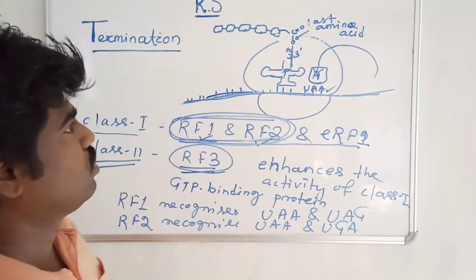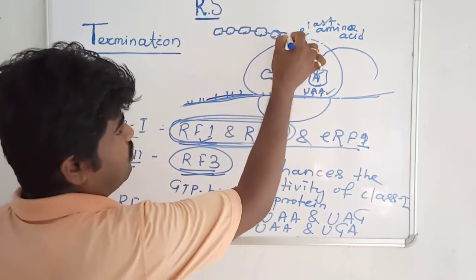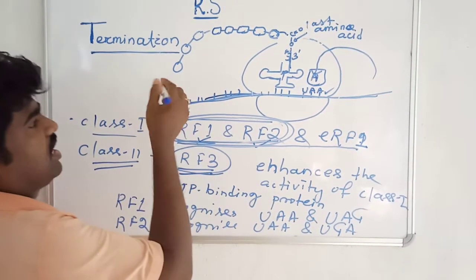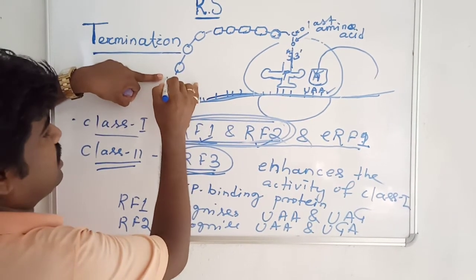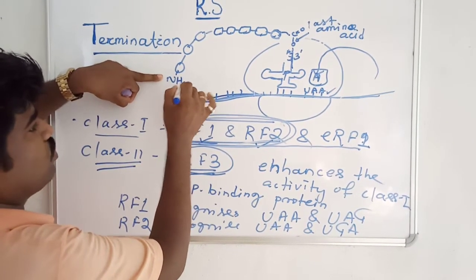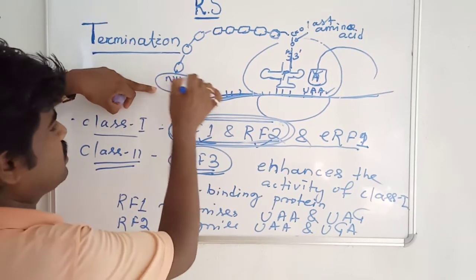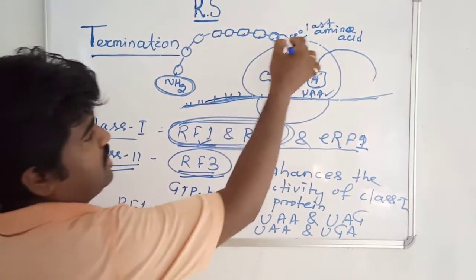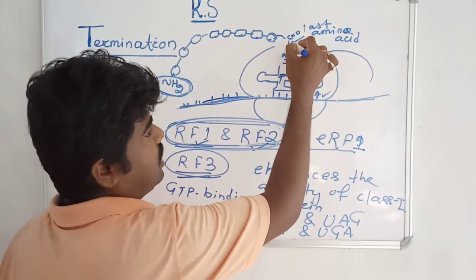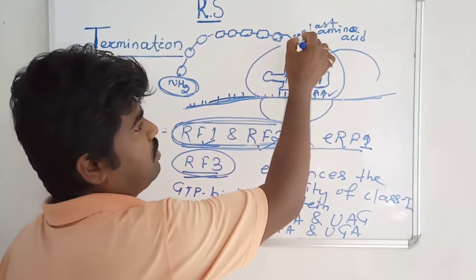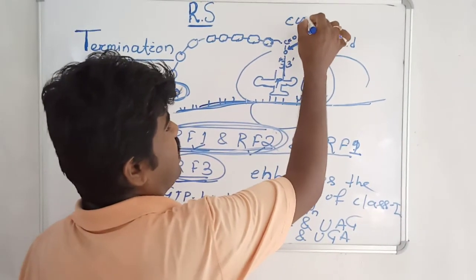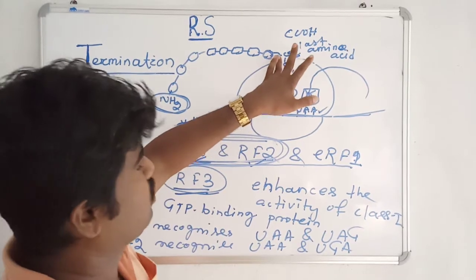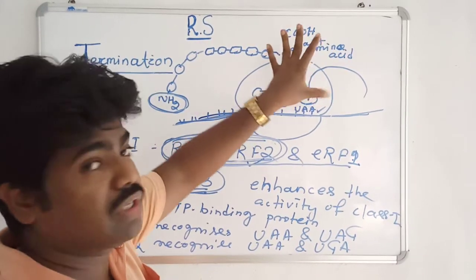So if this is the polypeptide chain, this is the last amino acid, and this last amino acid has an N-terminus, N meaning the amino group. This is the amino group, and this is the N-terminus. And this one, after the hydrolysis of the ester bond, becomes the carboxylic acid group end, and this last amino acid has a carboxylic end, that is called the C-terminus.